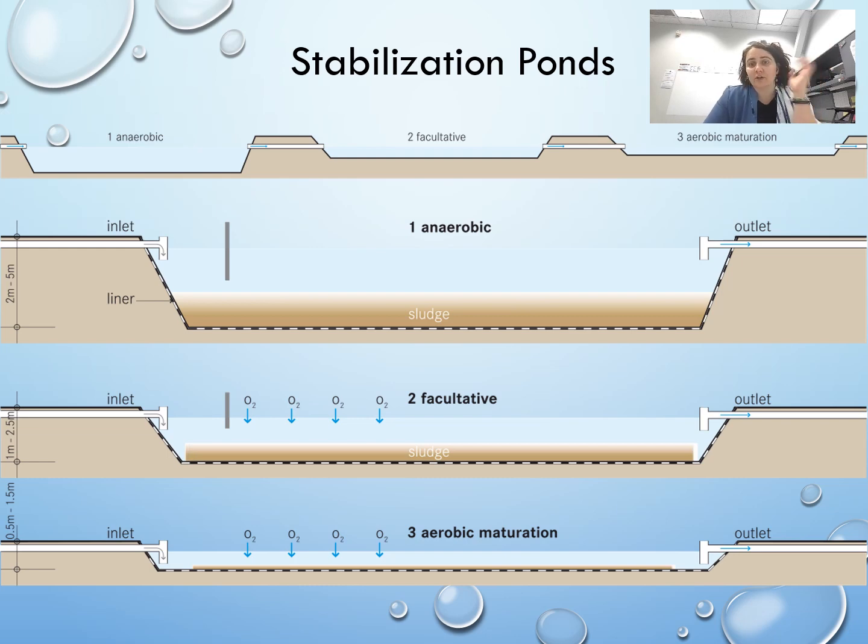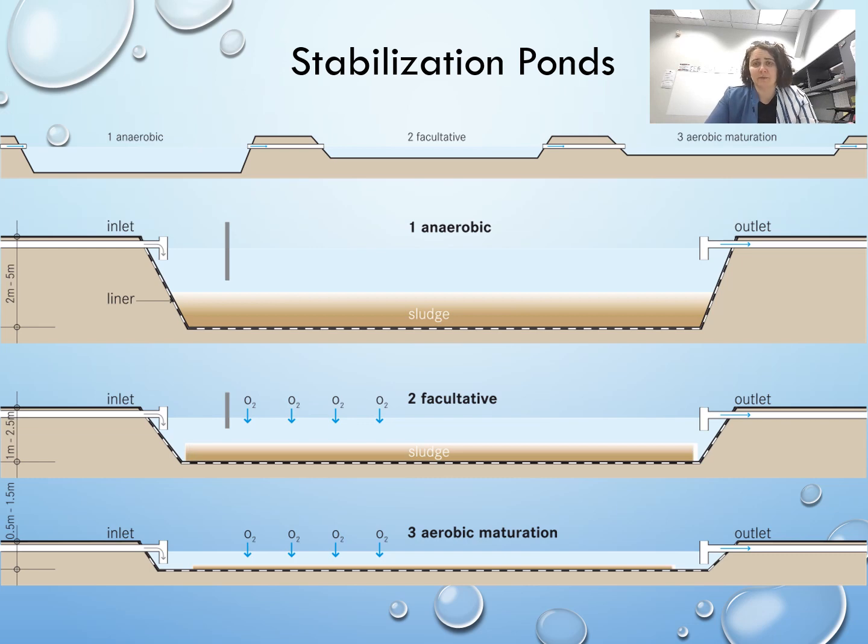So in a facultative lagoon or a pond, you're using both anaerobic and aerobic. So these are organisms that can switch between doing aerobic or anaerobic digestion. And so we're getting more of that anaerobic digestion, but we're also starting to get aerobic. And then what leaves that facultative lagoon and goes into the last step is aerobic maturation. So in this case, we're using oxygen to specifically have oxidation of chemicals.